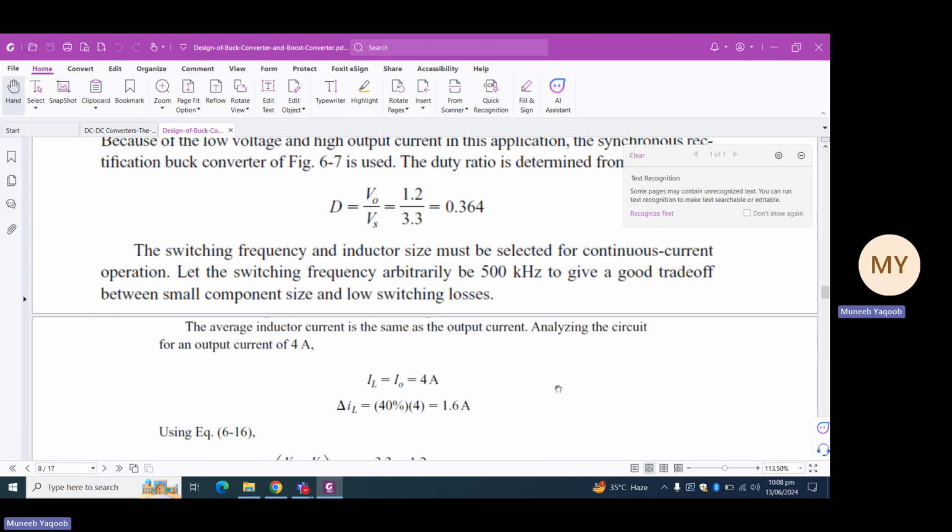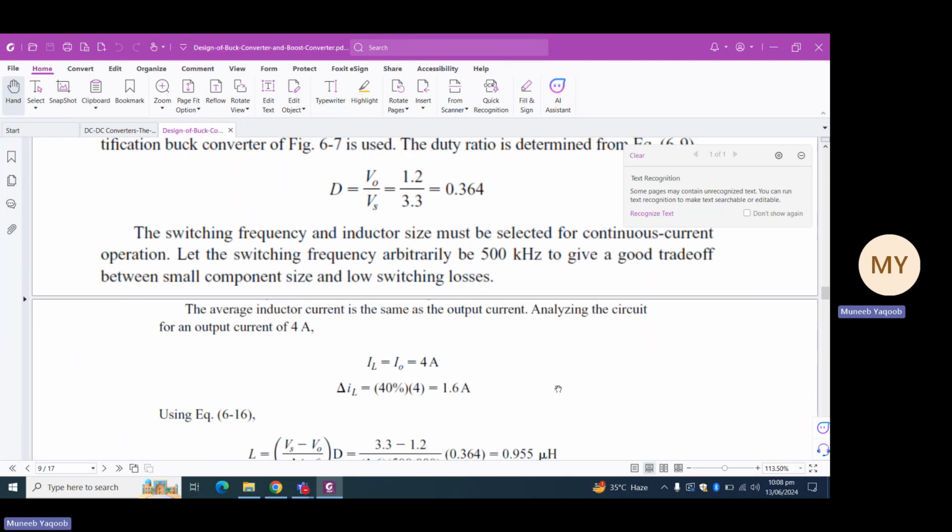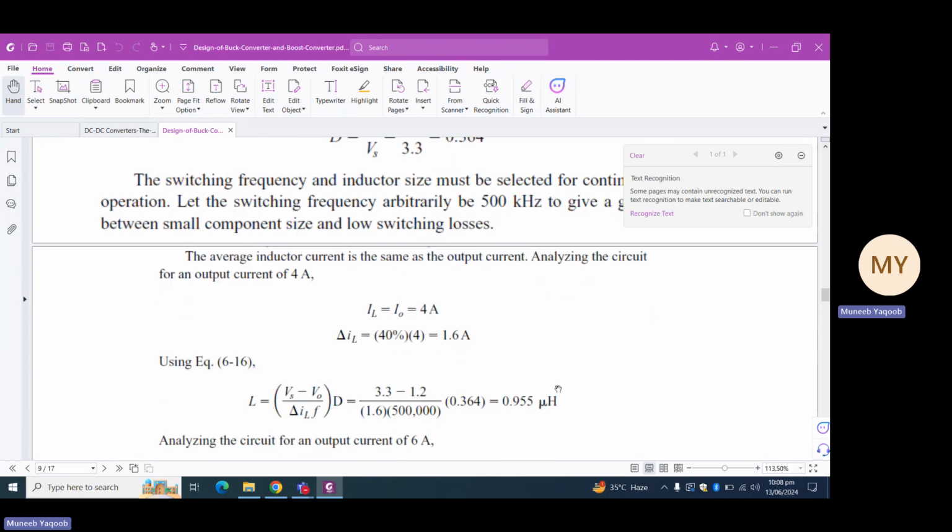Since we are allowing 40% deviation, we calculated 40% of 4, that is 1.6 ampere, as delta IL. So for this minimum current and delta IL, we calculated the inductance value, which was 0.955 microhenry.